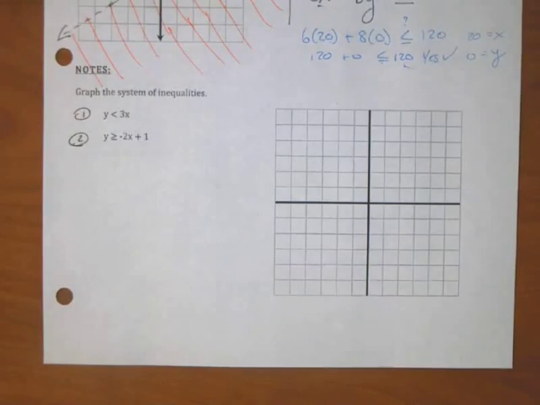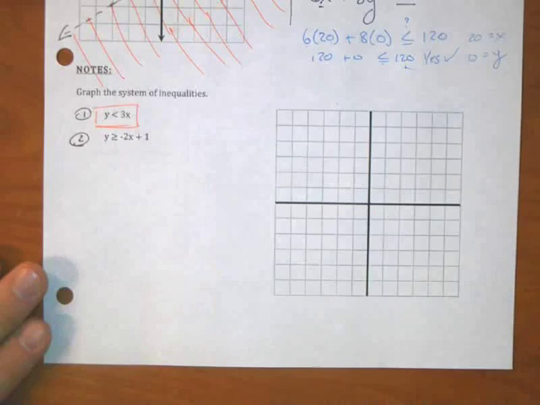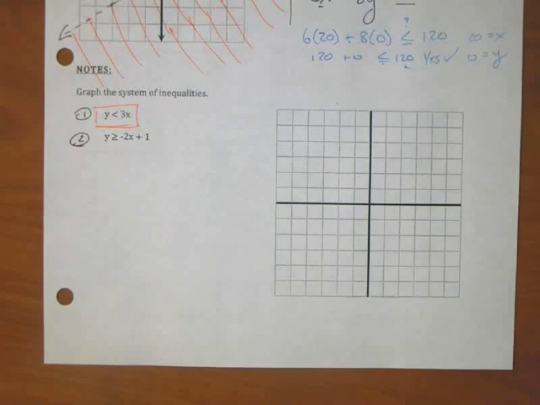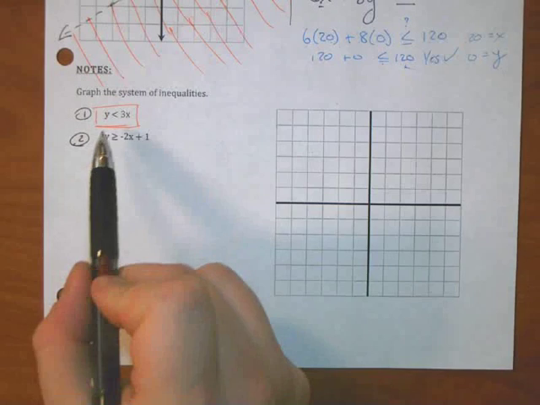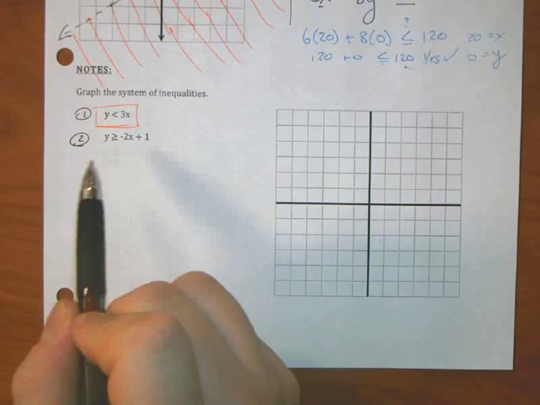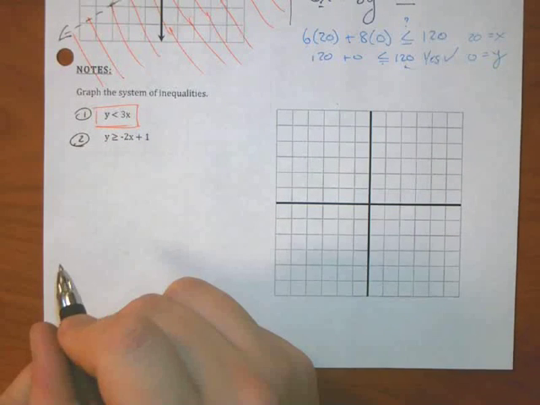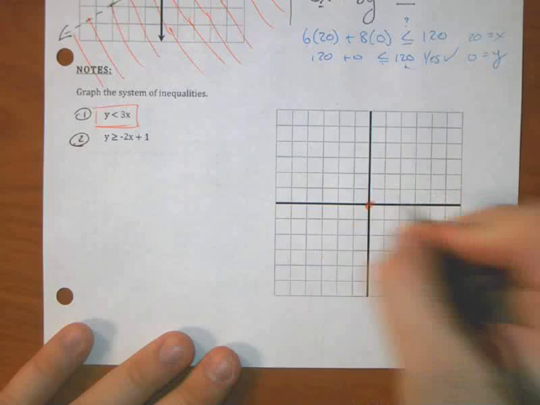I'm going to try to use multiple colors. I'll do the first one in kind of orange here. So let's graph this first one. Is this in slope-intercept form? Y equals mx plus b? Okay, so then what's the b? What's the y-intercept? 0.